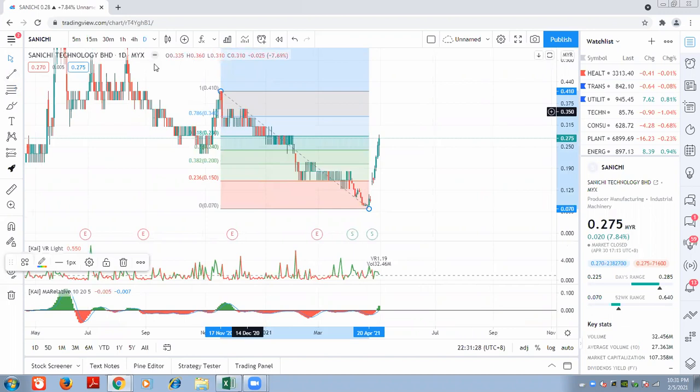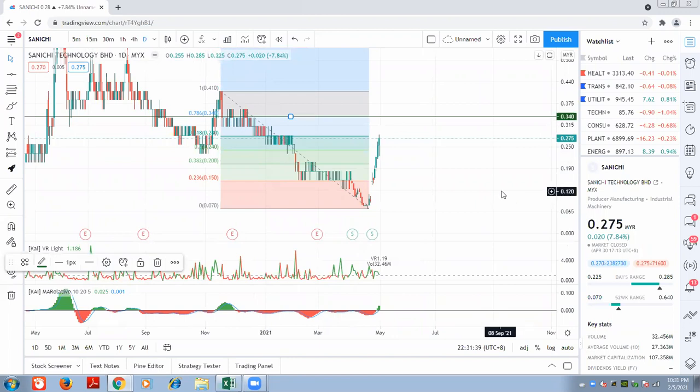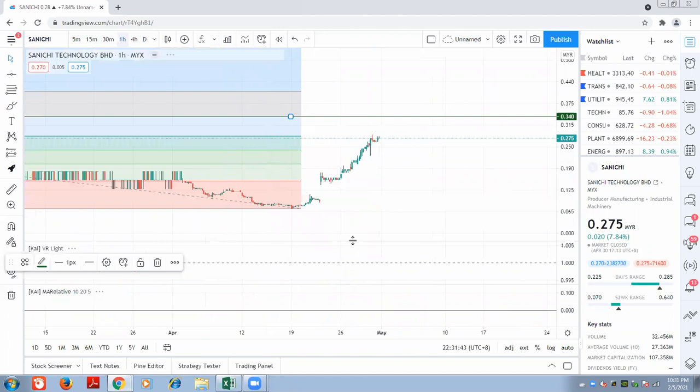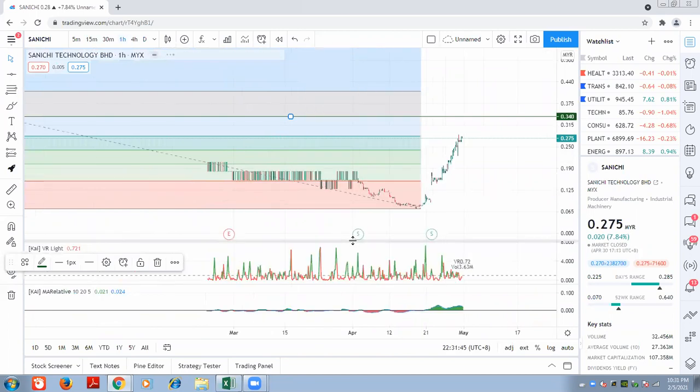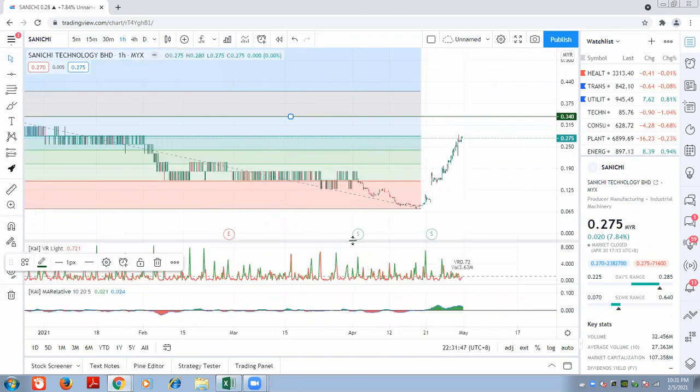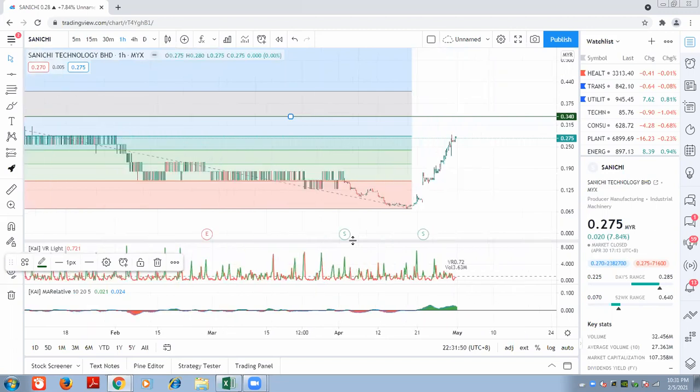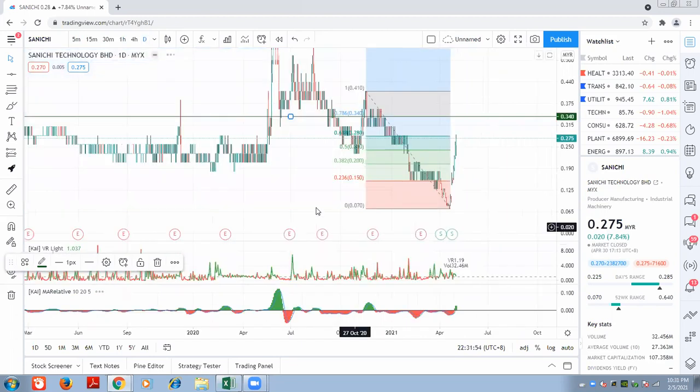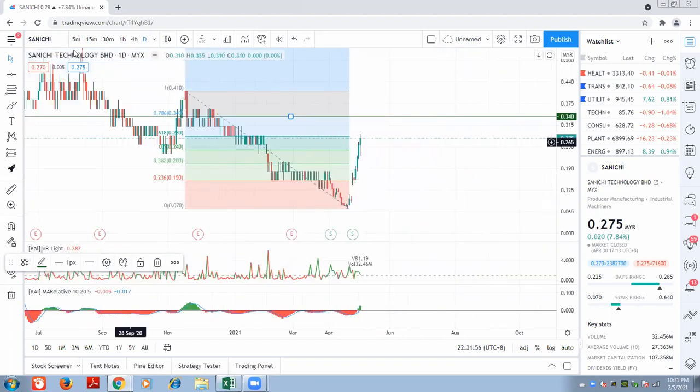Okay, max TP. If you do not go intraday, you will go BTST or swing, max TP 0.340. If you see the intraday 1 hourly chart, 0.340. So the day chart is still healthy for Sanichi.